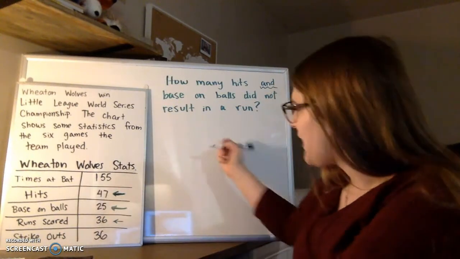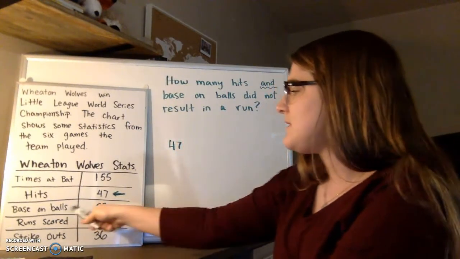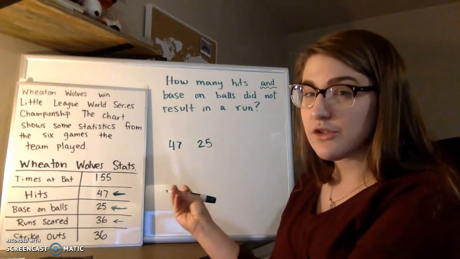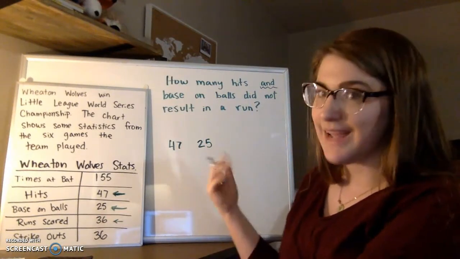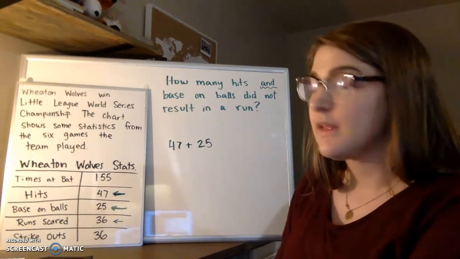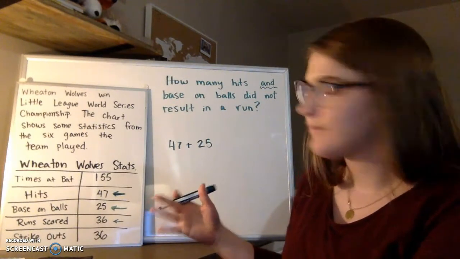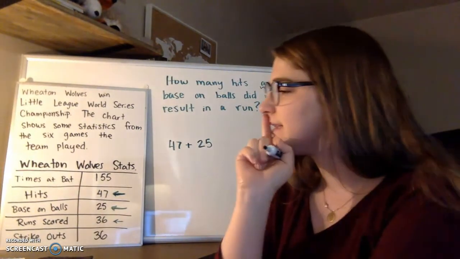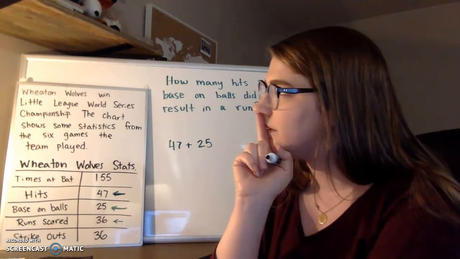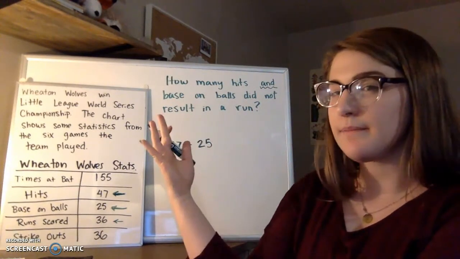So my hits were 47 and my base on balls are 25. If I'm combining those two numbers together, what do I need to do? I add them, right? And then we're trying to figure out how many of those did not result in a run. So, let's think about how we're going to do that. So we know that some of these resulted in a run, but not all of them.